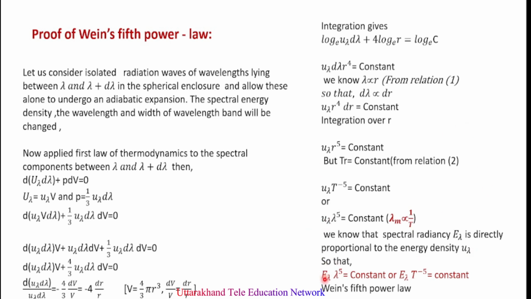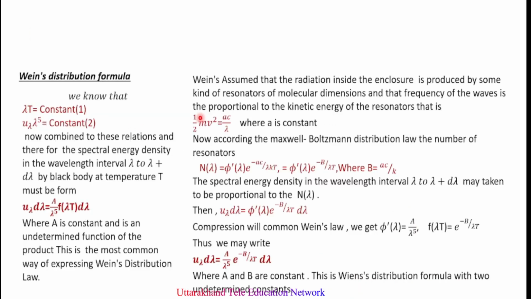This is the emissive power, E_lambda into lambda to the power 5 is equal to constant, or E_lambda T to the power minus 5 is equal to constant, or E_lambda is directly proportional to the fifth power of temperature. So this is the derivation proving Wien's fifth power law.